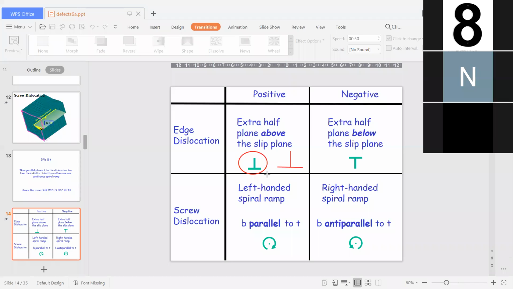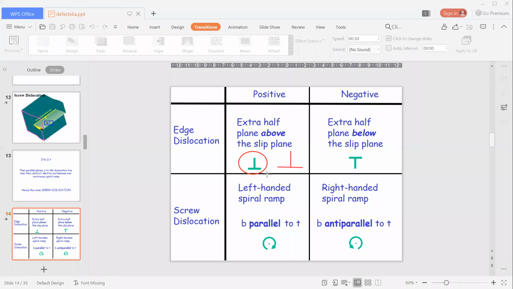This inverted T-like geometry is referred to as the positive edge dislocation. In the same way, if you have the slip plane and your half plane appears below it, it is referred to as... Sir, your voice is lagging.